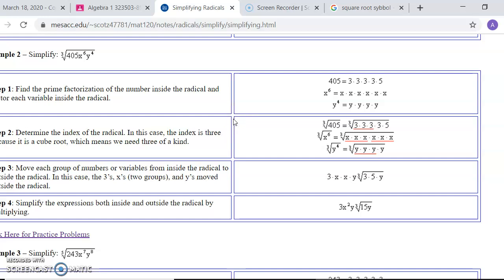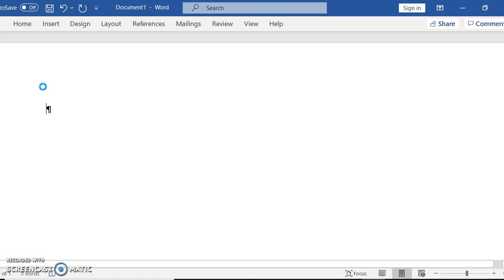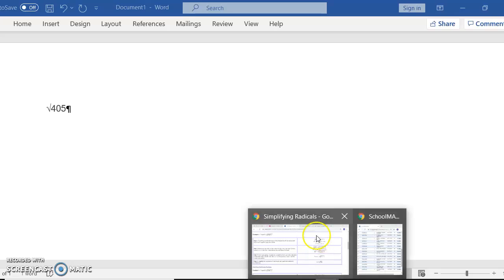So what I have here is the square root of 405. How do I go and break that down? Well, let's go ahead and take a look. Let me make sure that that's correct.